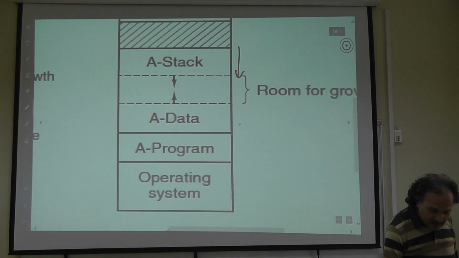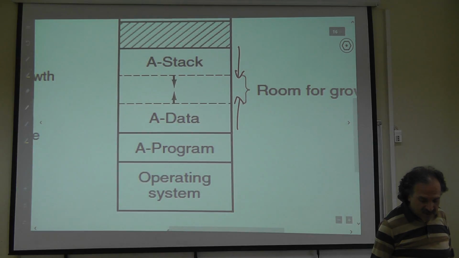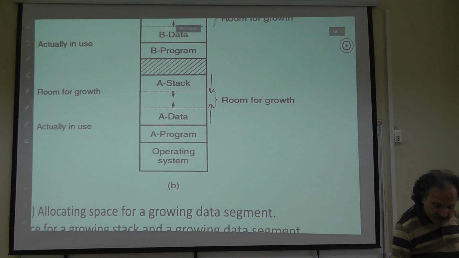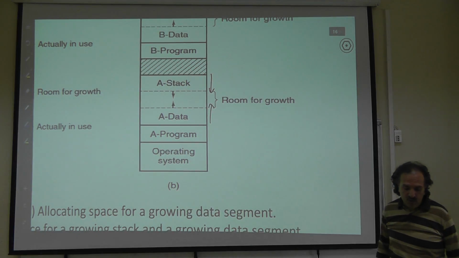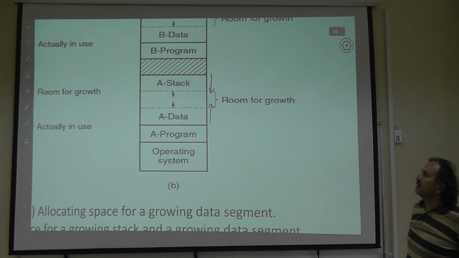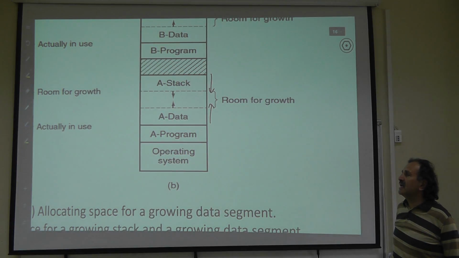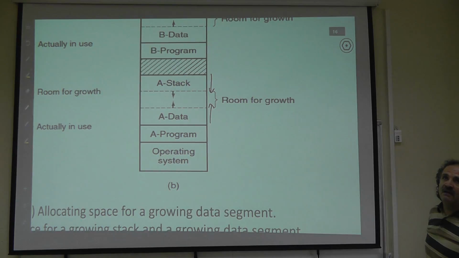My dynamically allocated memory grows this way. This is the space that I allocated for dynamic allocation and stack growth. So you don't allocate exactly what is needed. You allocate a little bit more. How much more? That's an operating system design issue.